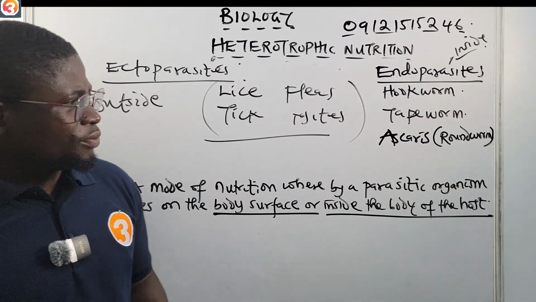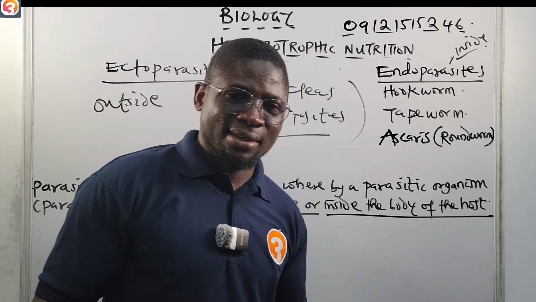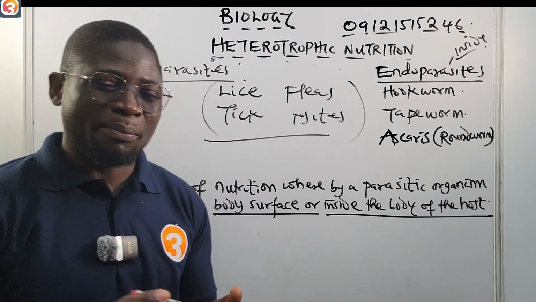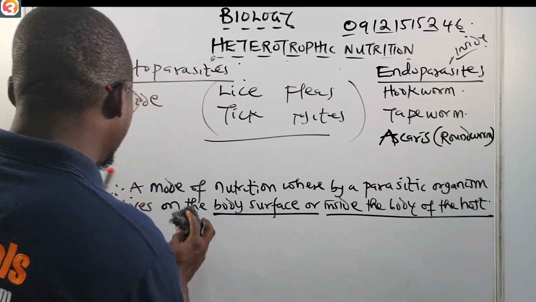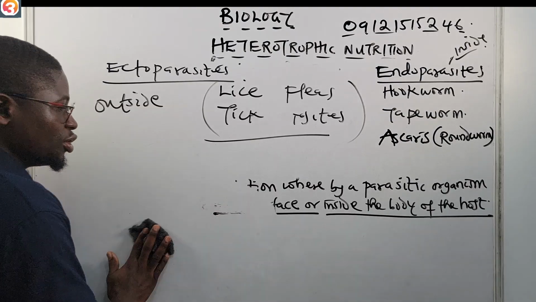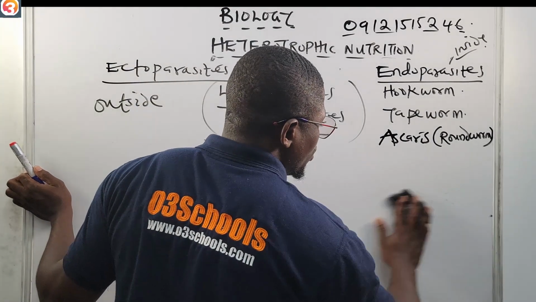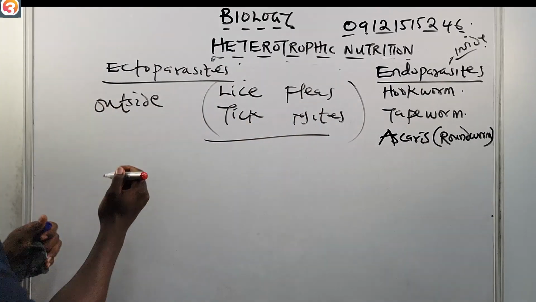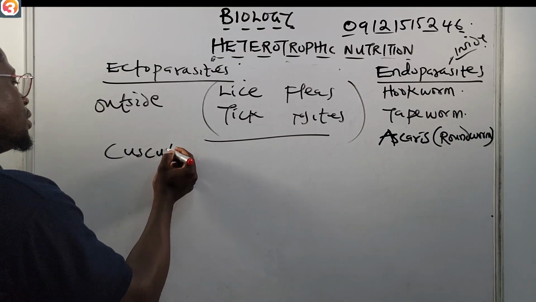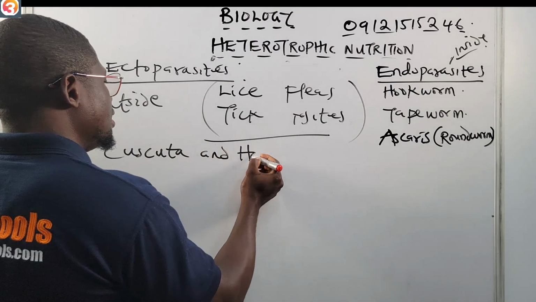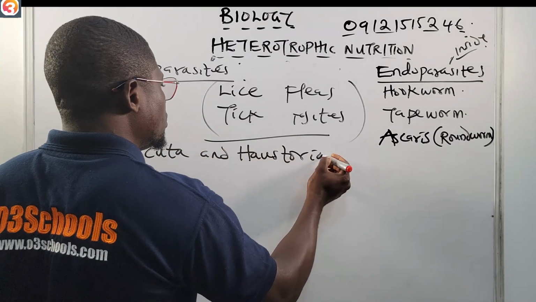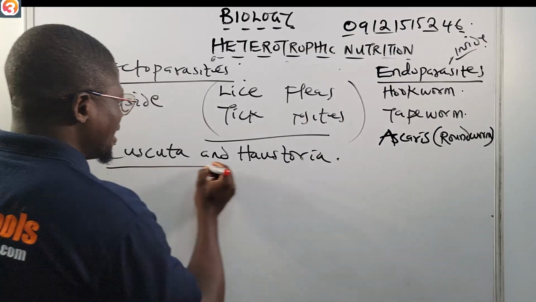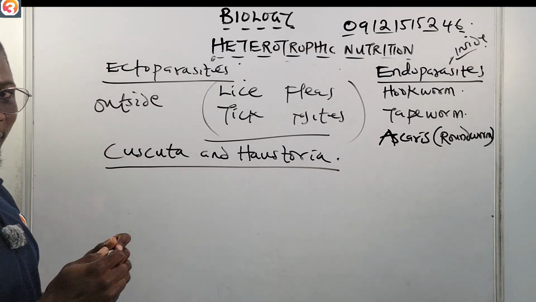Then of course we also have parasitic plants. There are some plants that are parasitic. An example is the relationship between Cuscuta and Wisteria. So there's a parasitic relationship between these two plants.